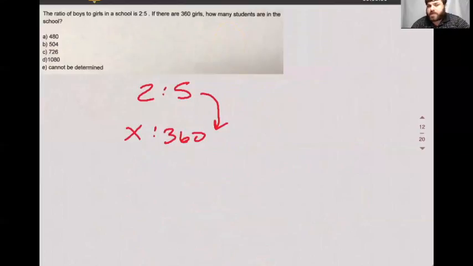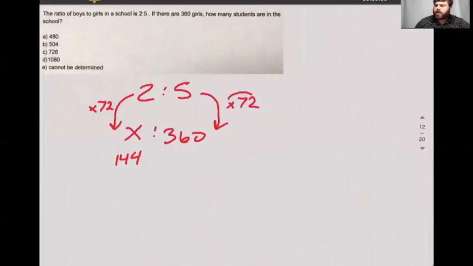Well, you could do 360 divided by 5. That would be 72. So then what you could do is multiply. If you multiply by 72 to get this number, you'd also multiply by 72 to get this number. That means it has to be 144. Really, that's what you're doing when you cross multiply. But sometimes people like to think of it this way. This might be called the scale factor, that's 72.